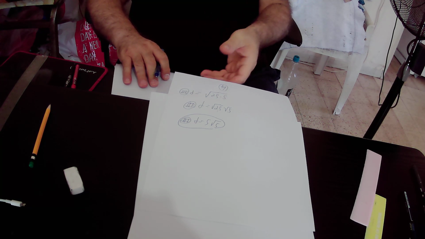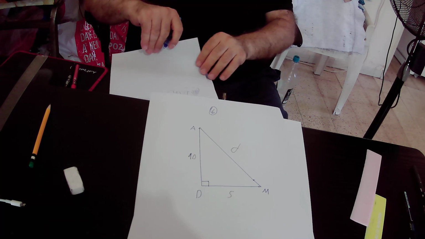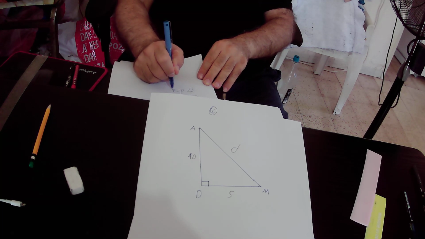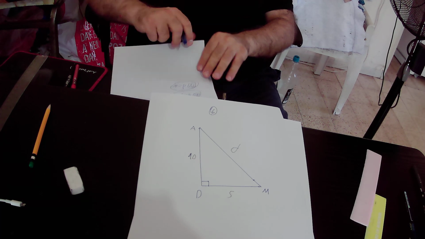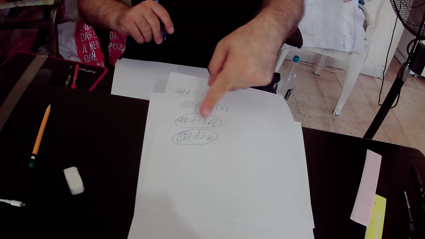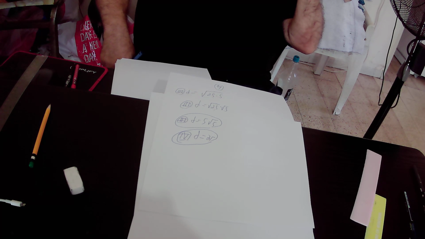But we also know that the diameter of any circle equals 2 times the radius. Okay? We know that the diameter of any circle equals 2 times the radius. It is true for all the circles in the world. Okay?